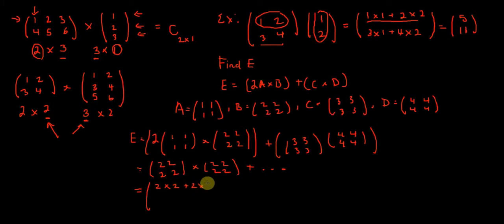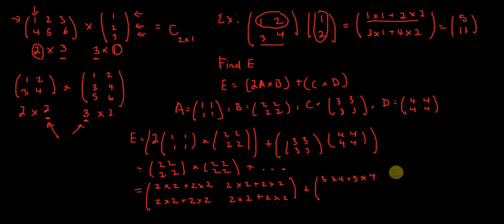2 times 2 plus 2 times 2 in each of our 4 spots for our new matrix. And then for everything to the right-hand side of our addition sign, let's go ahead and calculate that. We're going to get 3 times 4 plus 3 times 4 in every position on this matrix.